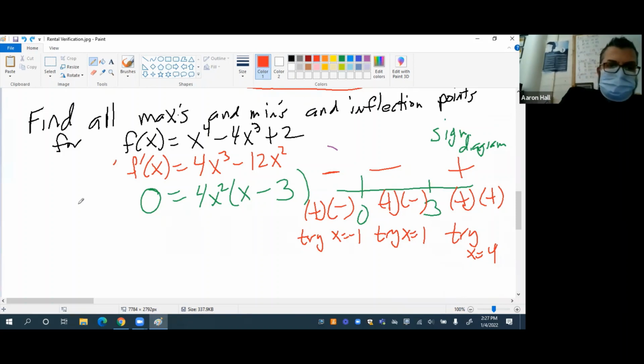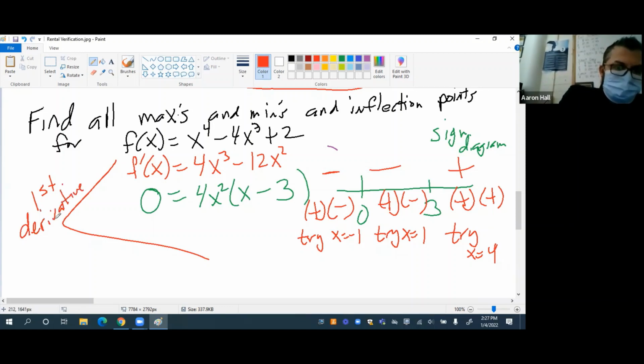This is the first derivative test. That hopefully helps us identify our max and mins. What does the second derivative test tell me?